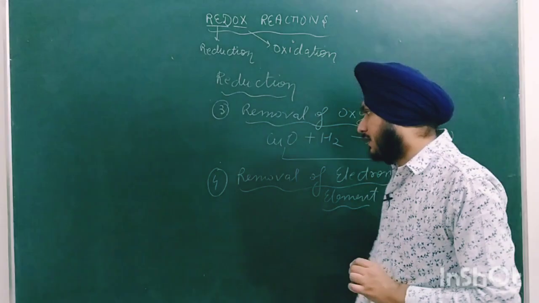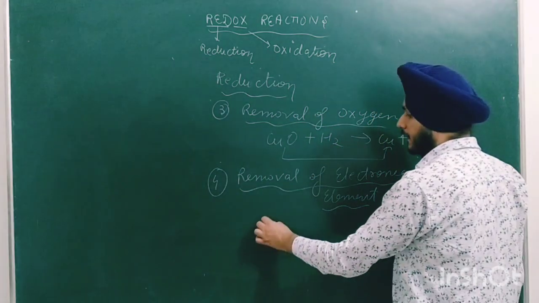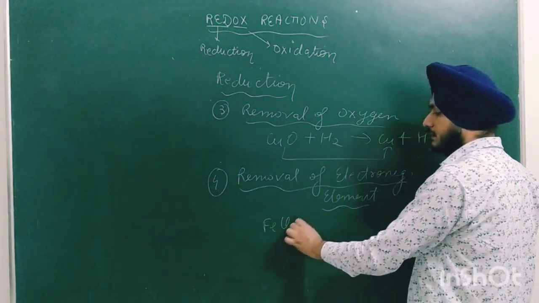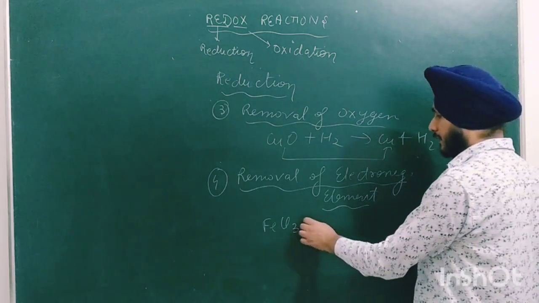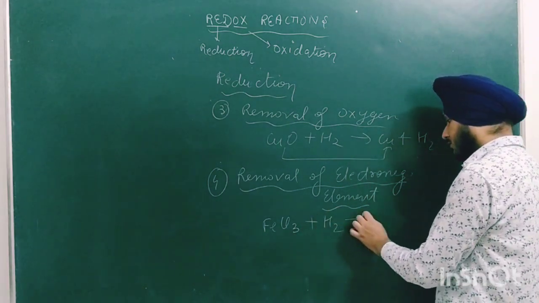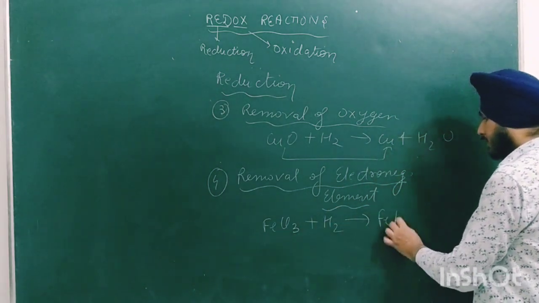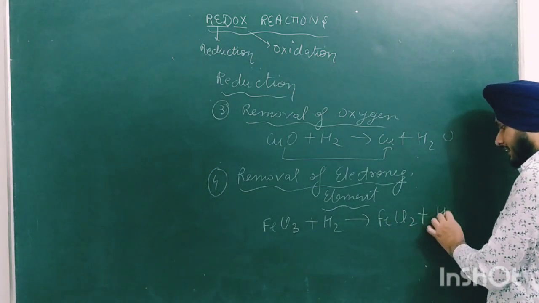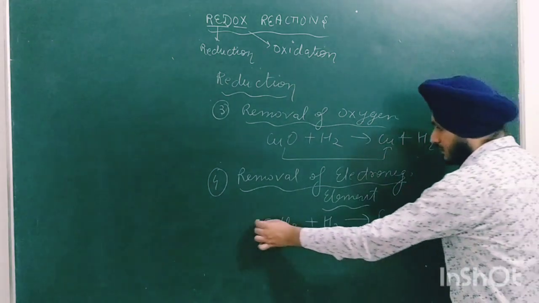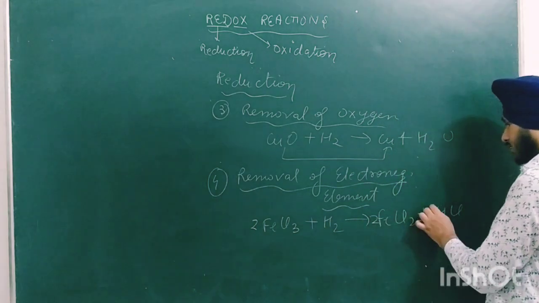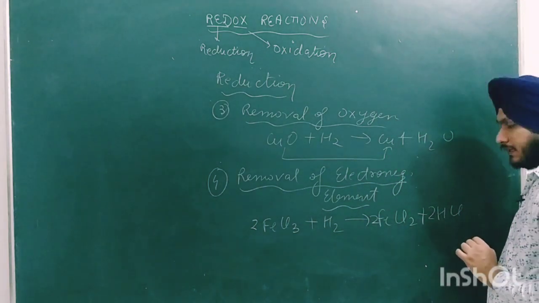Now what are the examples? For example, if we have FeCl3, that is ferric chloride, and we are reacting it with H2, then we will get FeCl2 plus HCl. Take 2 HCl over here in order to balance the equation.